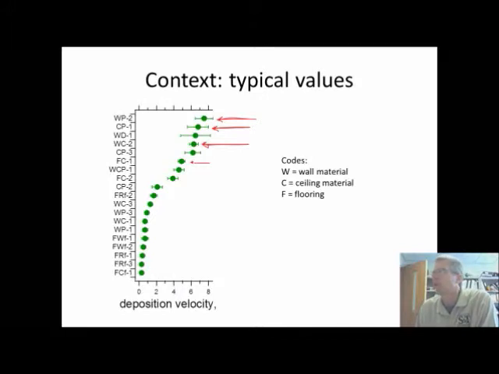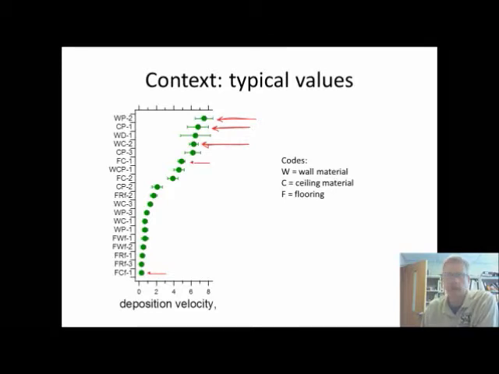On the low end side, flooring actually tends to be low reactivity because floors are made to be walked on, you don't want them to absorb things, and they tend to have low surface area other than carpet. And so things like vinyl flooring, coated wood materials for flooring, those tend to be very low reactivity and wouldn't contribute much to removal of ozone in an indoor environment.